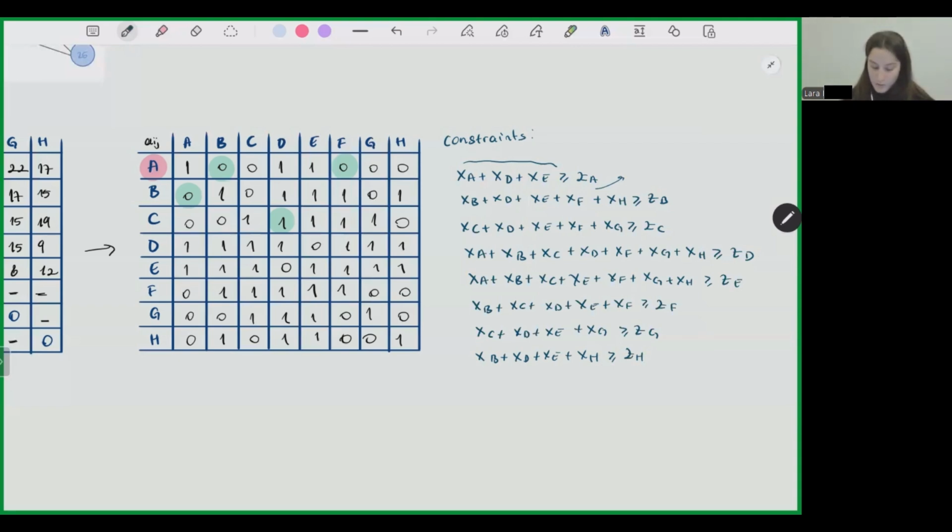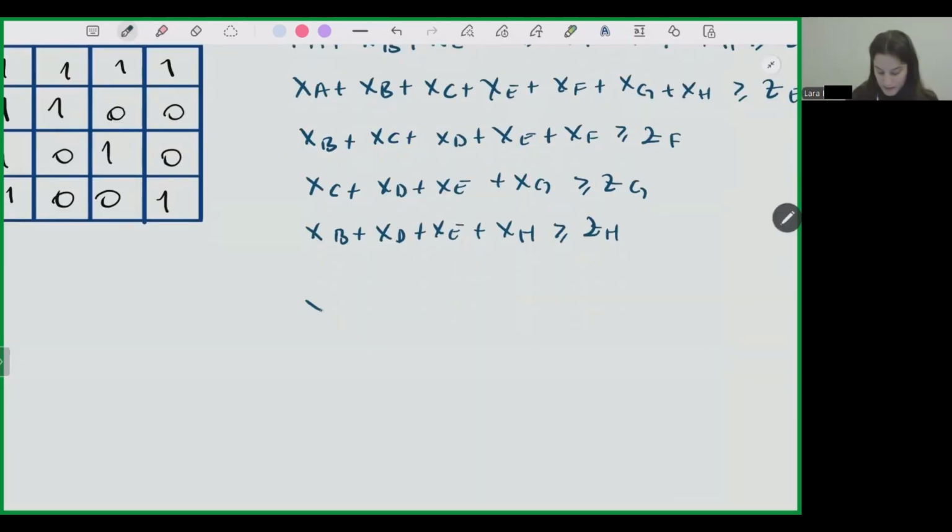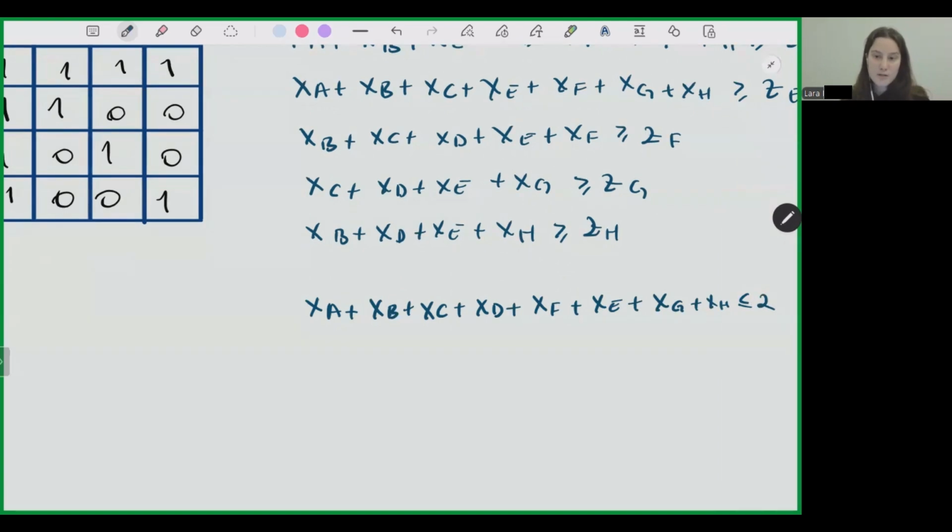We need one more constraint, and that is the facility capacity constraint. We have 2 that we can open. So XA plus XB plus XC plus XD plus XE plus XF plus XG and XH should be less than or equal to 2, because we cannot open more than 2.